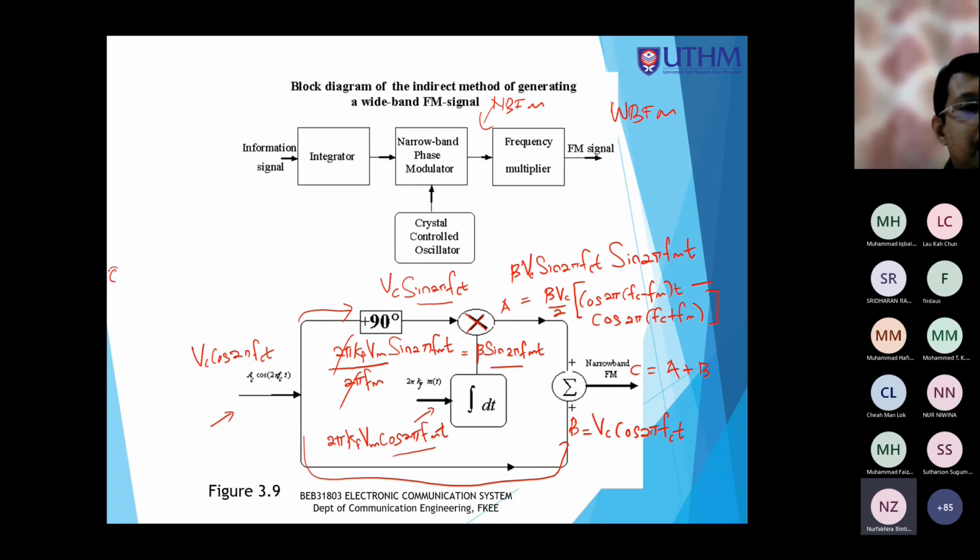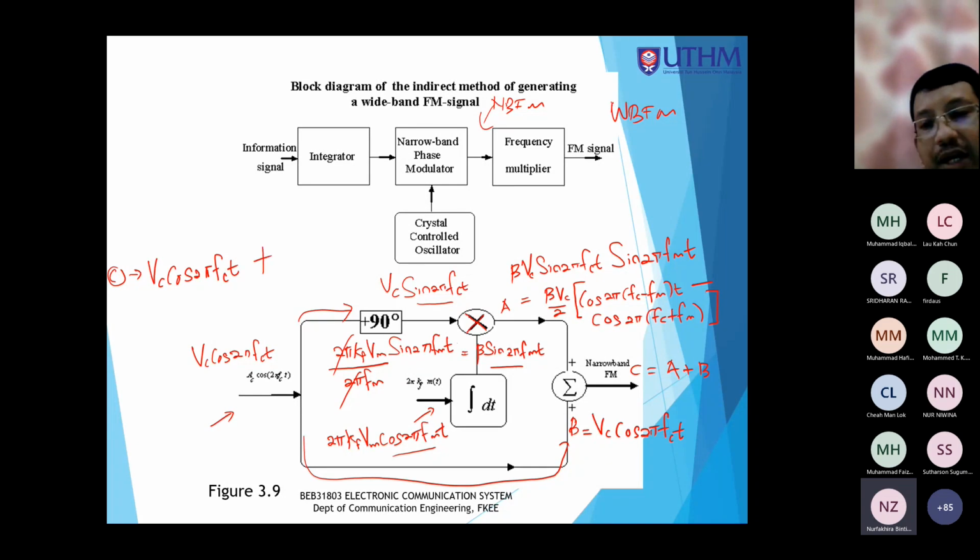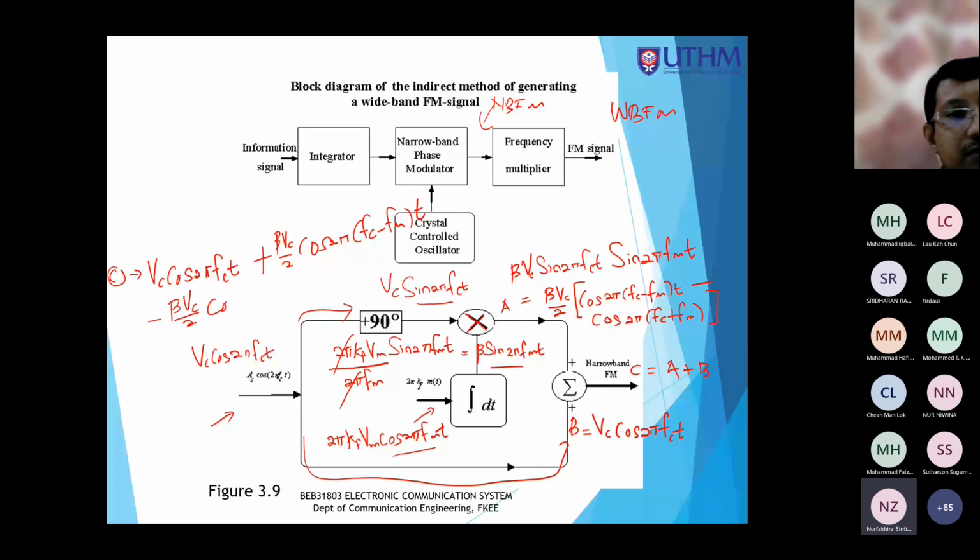So at point C, the output is going to be Vc cos 2π fc t plus, because we add the other part, beta Vc over 2 cos 2π (fc minus fm) t, the lower sideband, and then minus beta Vc over 2 cos 2π (fc plus fm) t, the upper sideband.